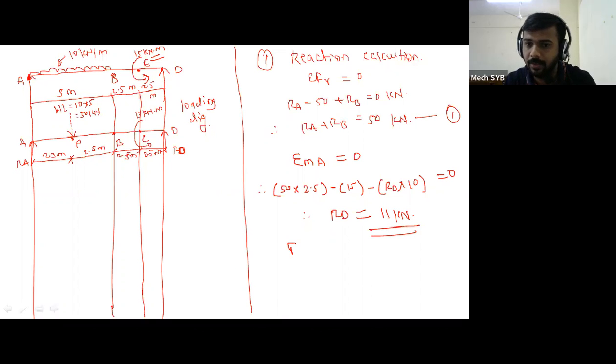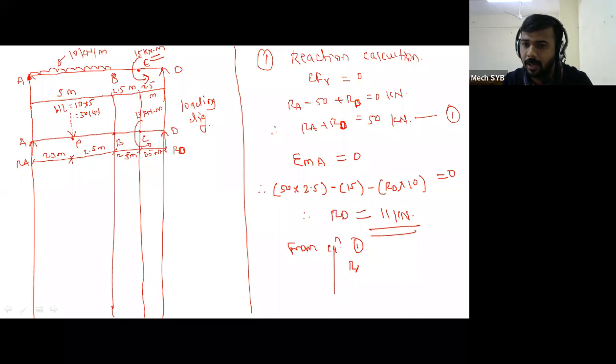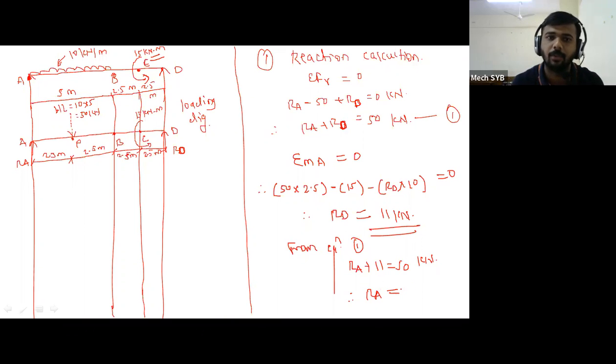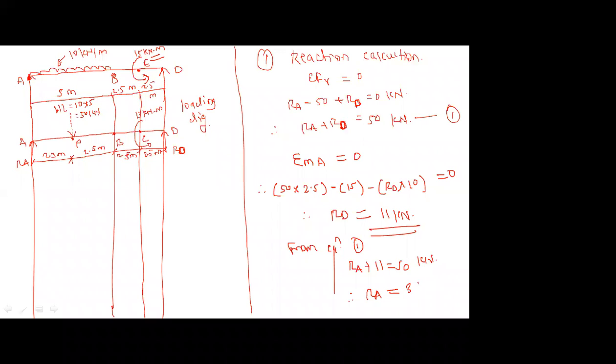And from equation 1, this is not RB, instead of RB you just write down RD. RA plus RD, 11, is equal to 50 kilonewton. Therefore RA is equal to 39.